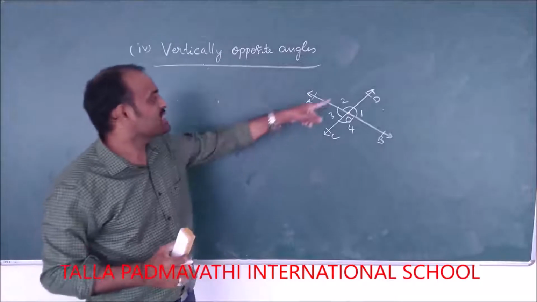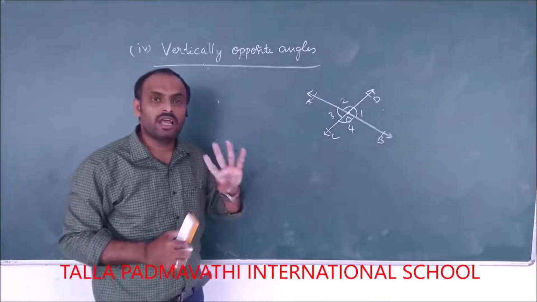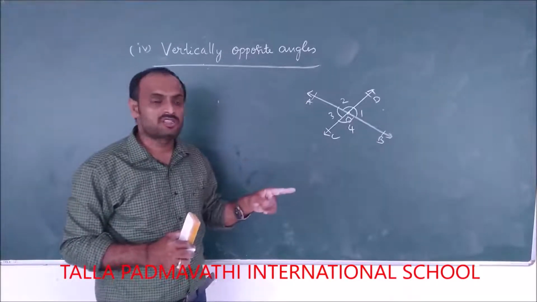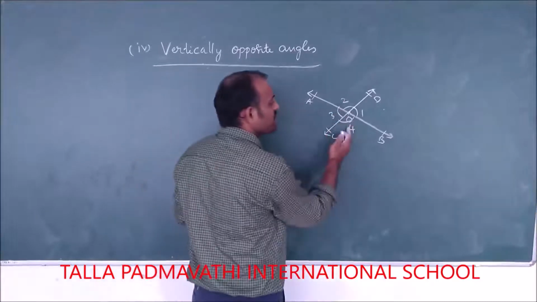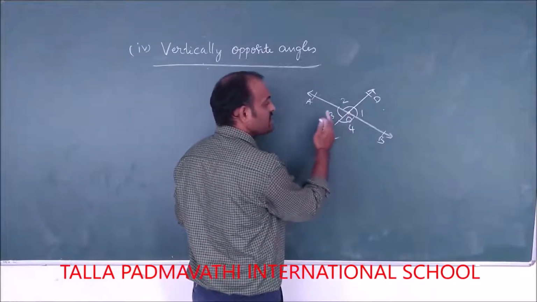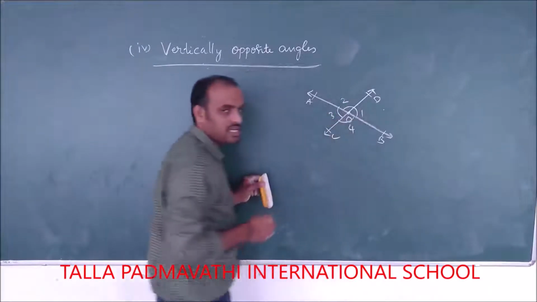When two lines intersect at a point, four angles will be formed, in which these two are opposite angles and these two are opposite angles.